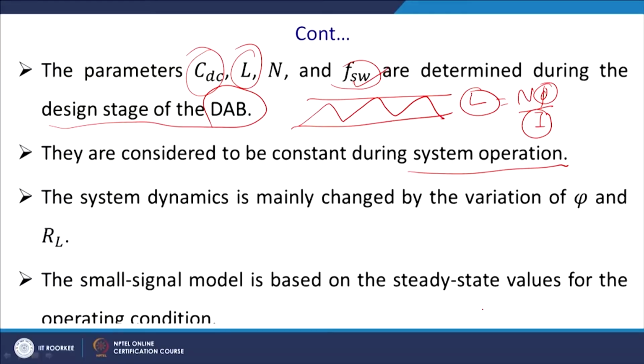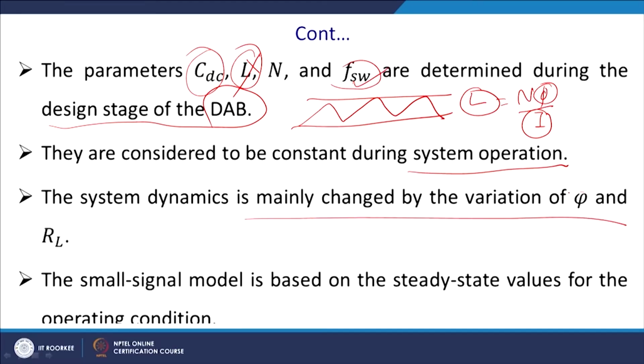So the value of this inductor will change according to the current, but that effect has been neglected, and while considering that operation we take the nominal value of the inductor. In actual operations we have to take care of all those things, and they are considered to be constant during the operations. The system dynamics is mainly changed by the variation of the psi and the RL.